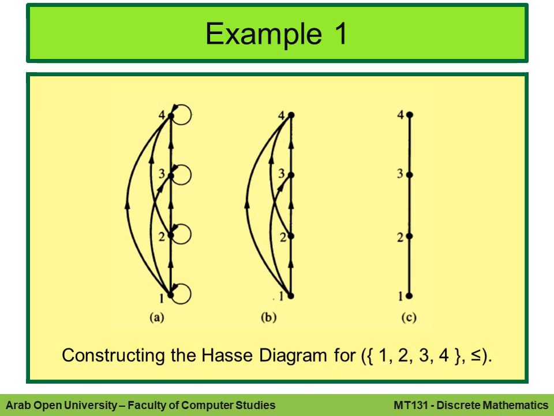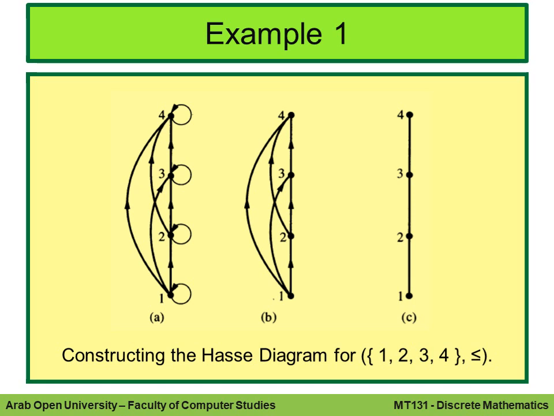The next thing we do is we remove any edge that's not needed. For example, since 1 is less than or equal to 2, and 2 is less than or equal to 3, we don't need the edge from 1 to 3 because we know that the graph is transitive.